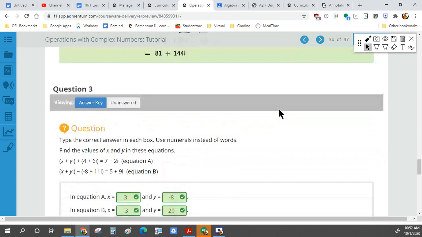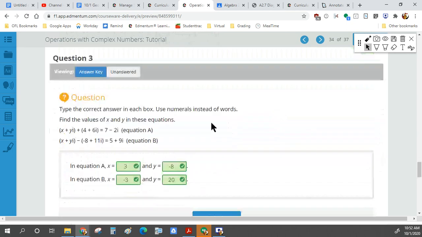All right, and then our answers for here, well, guess the cat's out of the bag, is this idea: what plus 4 gives me 7? What x plus 4 gives me 7? Well, 3 plus 4 gives me 7. What plus 6 gives me -2? -8, because -8 plus 6 gives me -2.